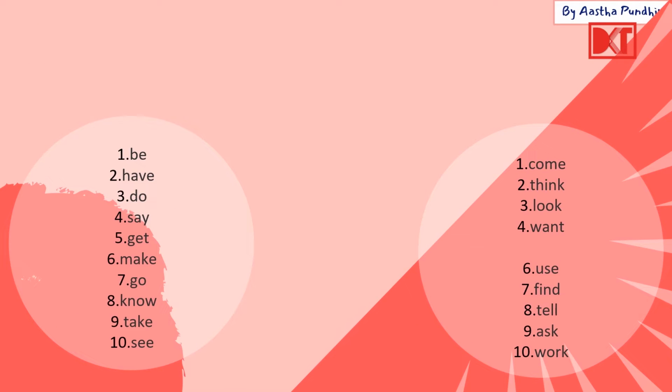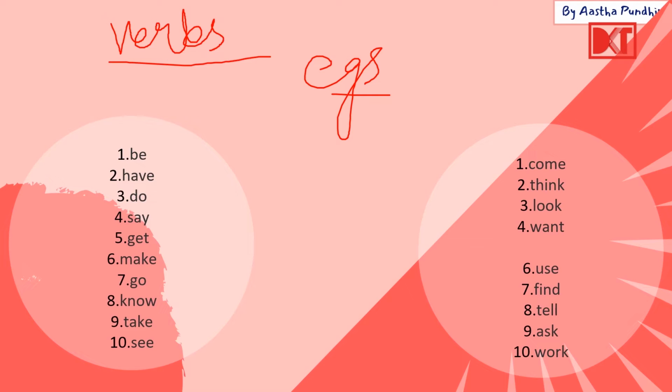So here we have a few action words which are the verbs. These either show some kind of action or some kind of occurrence or some state of being, like be, have, do, say, get, make, go, know, take, see.